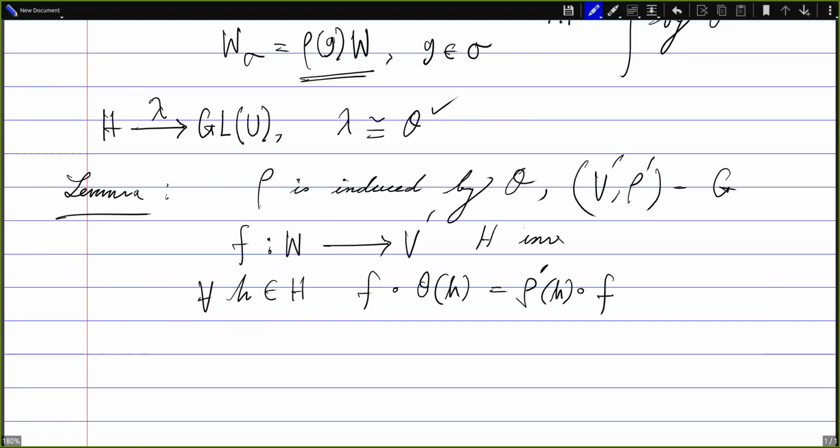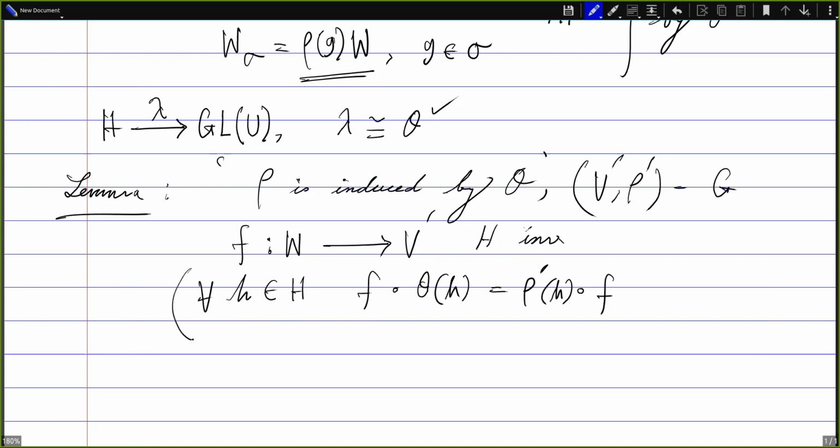Again, let me repeat. We assume that rho is induced by theta, where theta is a sub-representation of the restriction, and V prime, rho prime is a representation of G, and assume that there is an H invariant linear map f from W to V prime.